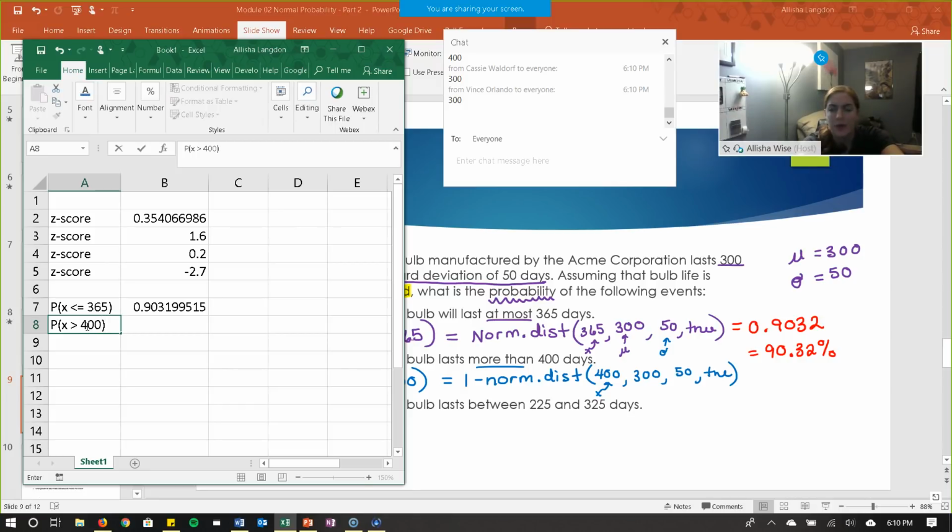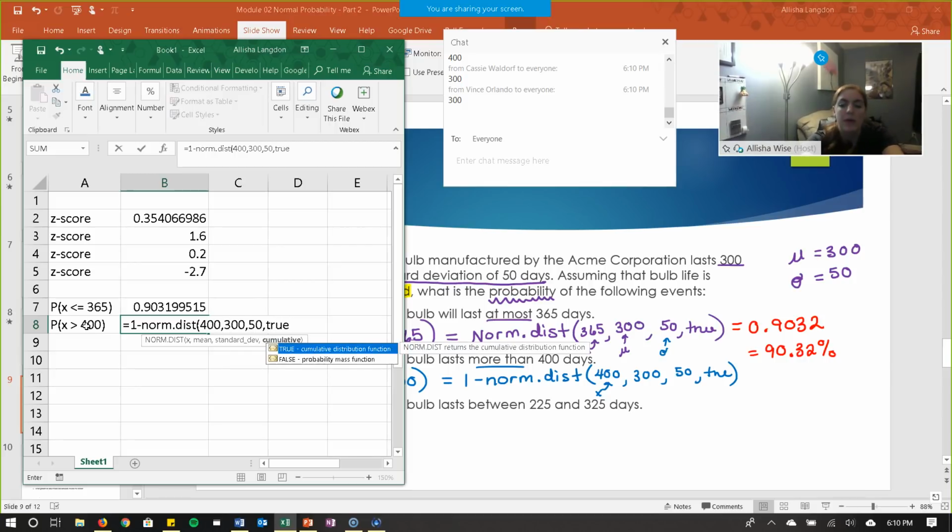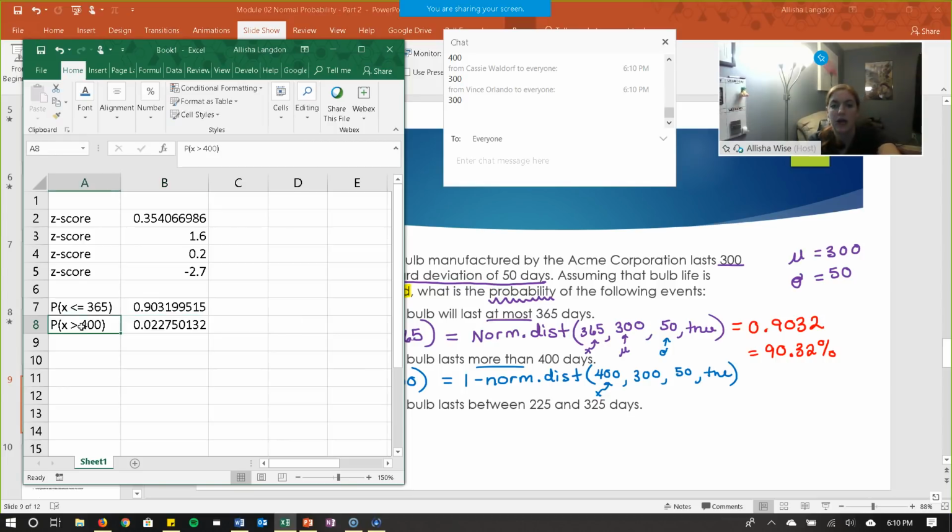So what's the probability that a light bulb is going to last more than 400 days? Hint, it's not going to be a super lot. So 1 minus norm.dist, 400, 300, 50, and true. Remember, if you forget what any of these should be, they tell you down here the order of x, mean, standard deviation, cumulative. So they tell you what to plug in. So what's our probability?